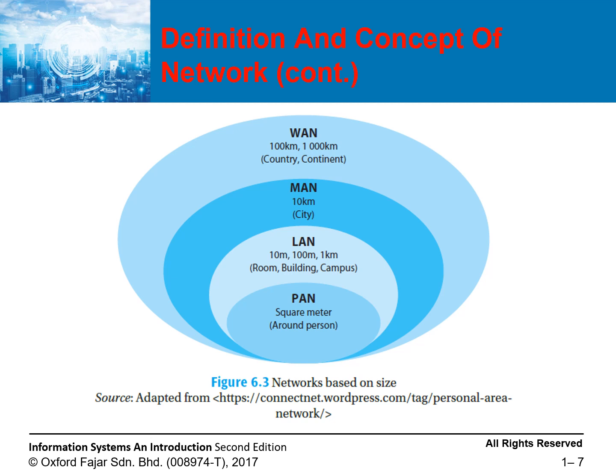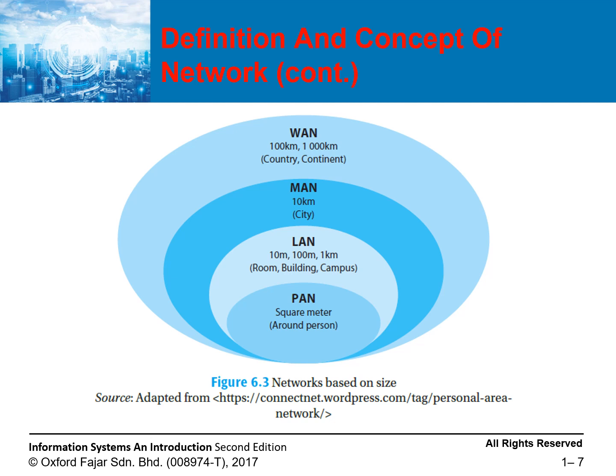The first one is the wide area network, a network that covers a large geographical area such as a country or the entire world. The size is about 100 kilometers to 1000 kilometers. This actually contains multiple smaller networks like MAN and also LAN.